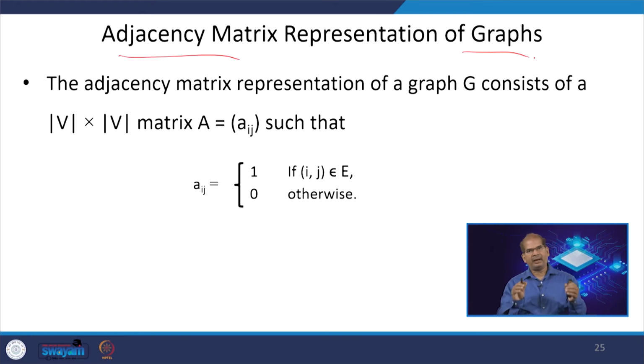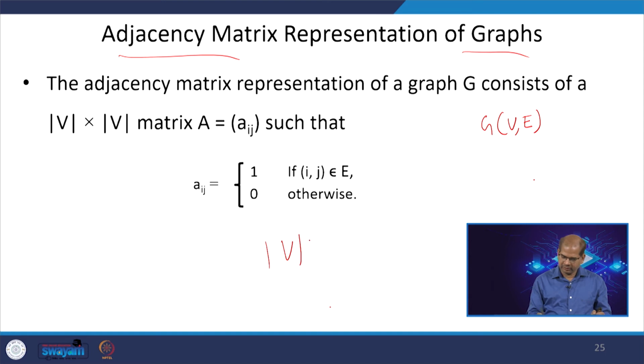It is a matrix-like format. Let us say the graph is represented by V comma E. The size of the matrix is basically |V| cross |V|. What is the element of the matrix?